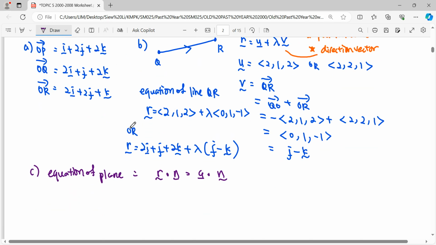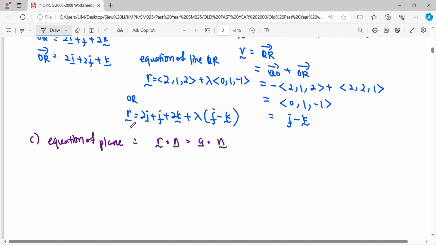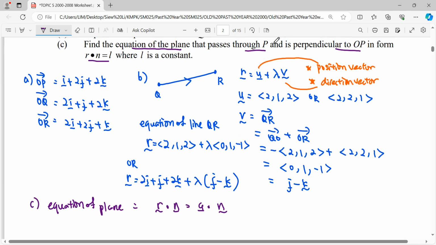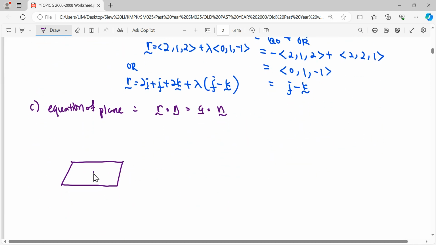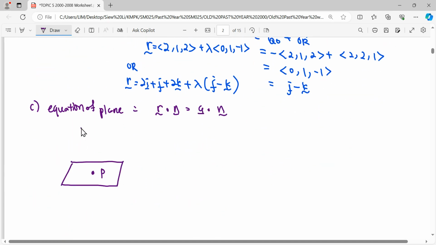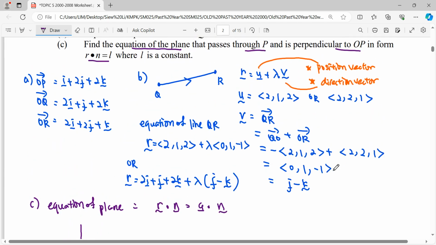Then, from our understanding here, our plane is given as passing through the point P. So inside here has a point P, and it is perpendicular, meaning it has 90 degrees with the vector OP.